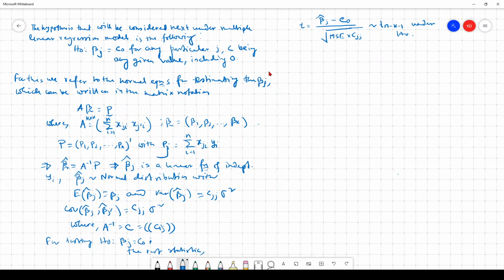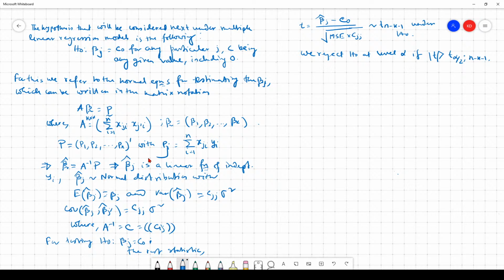So we reject H naught at level alpha if mod T is greater than T alpha by 2, n minus k minus 1 for two tail test. For right tail test it should be T greater than T alpha, n minus k minus 1, and for left tail test, T should be less than minus T alpha, n minus k minus 1.